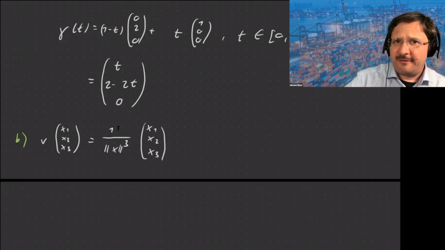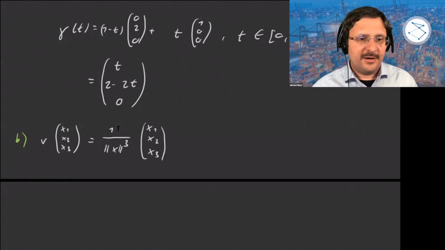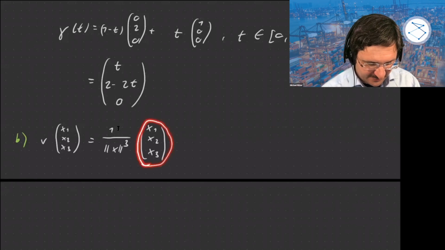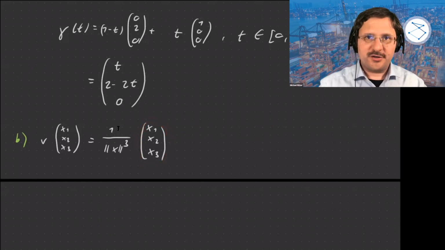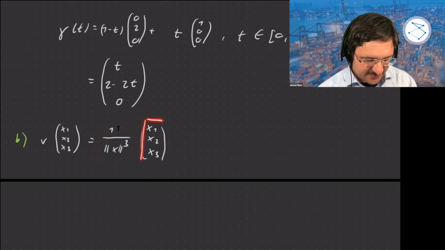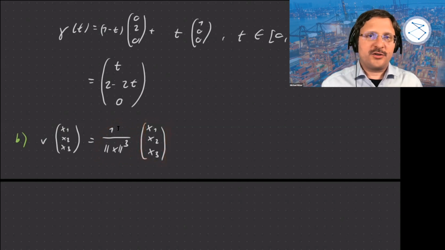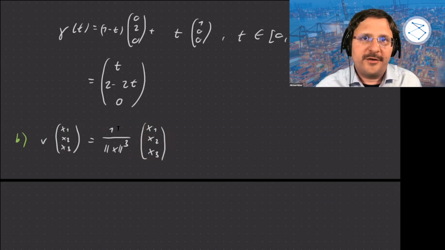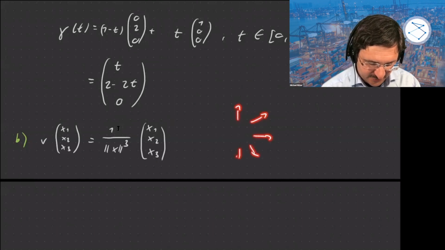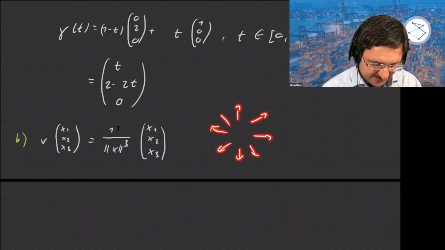Again, to get a rough idea of how that looks, this here influences the direction of the vector. This doesn't. So basically, the vectors of that field are pointing in the direction of the point where they are attached. So that will look something like a vector field, like we had in R2 before, similarly, but in R3.